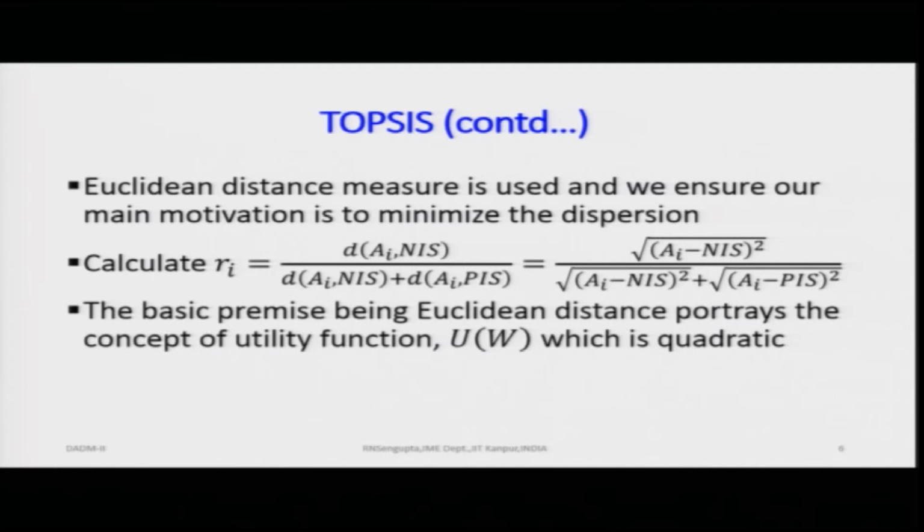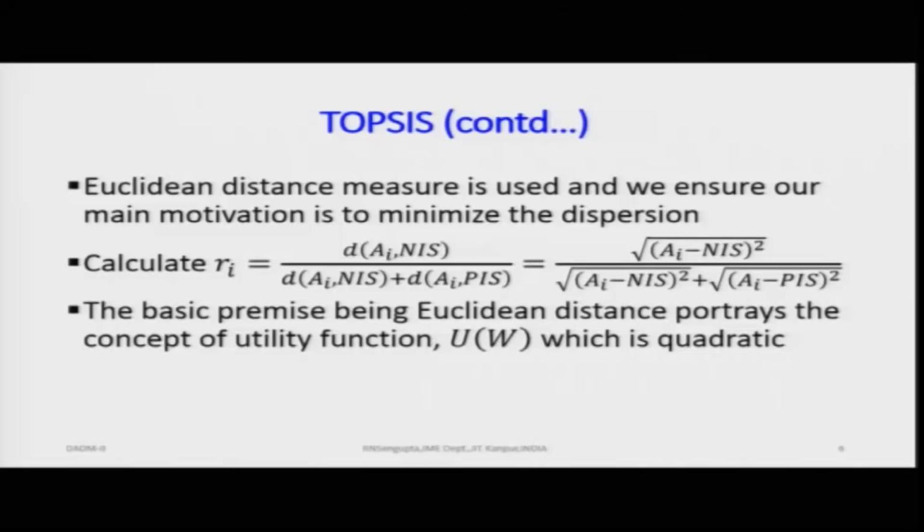Now, as you are trying to minimize the dispersion, the best measure of dispersion is variance. So, as you minimize the dispersion, it automatically leads to the fact that you minimize the variance, and trying to minimize the variance gives you the best measure of how you can rank the alternatives to find out the best set of ranking, which will give you the best benefit for the decision maker collectively.